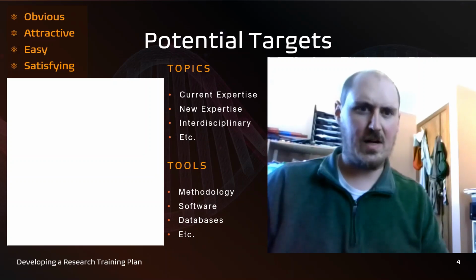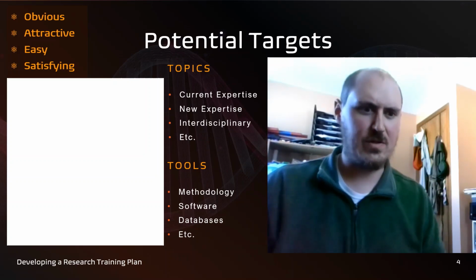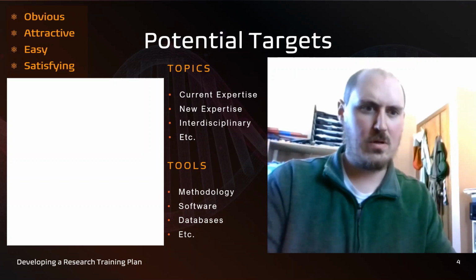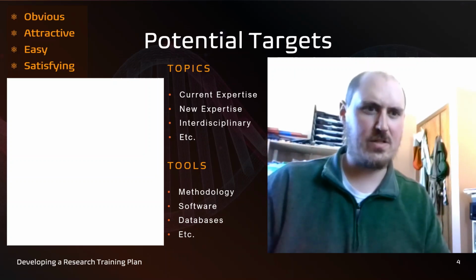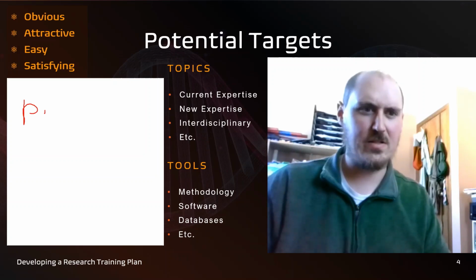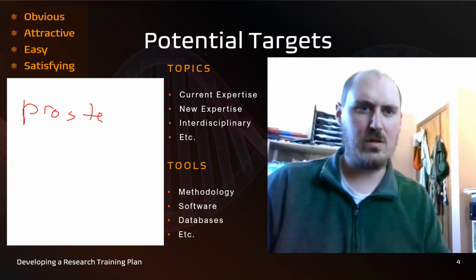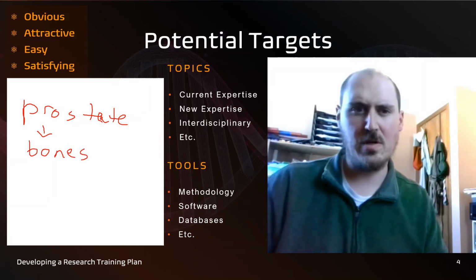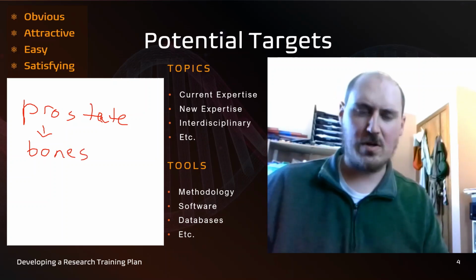So for the topics, if you have a current expertise, perhaps you are a cancer biologist and you study prostate cancer. Maybe you want to branch out to something like bone cancer because prostate cancer often metastasizes to the bones. Maybe with a new expertise, you want to learn something new.